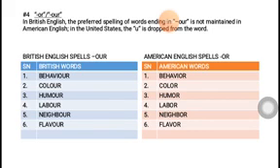And what is the difference? In American English, it ends with OR as against OUR in British English. And the last word here, flavor. Flavor in British English ends with OUR, while it ends with OR in American English.